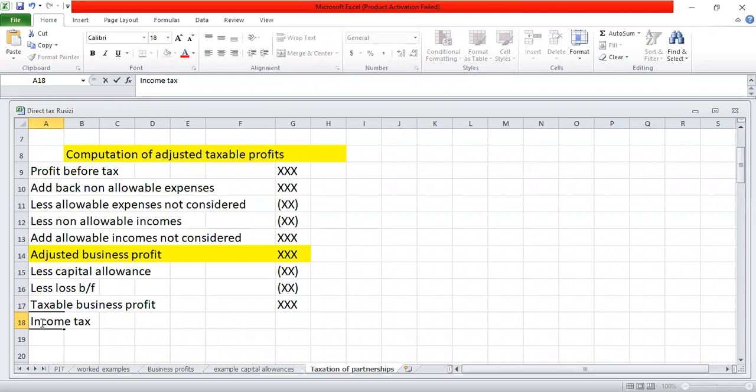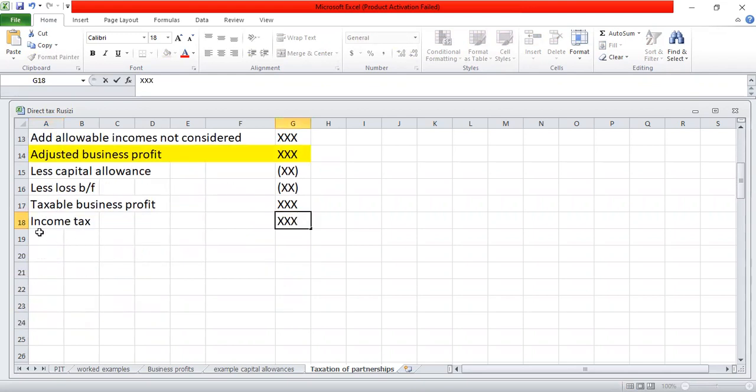Remember, you should use this pro forma for any business, whether it is a solo trader, a company, or a partnership. If you are dealing with a solo trade business, you're going to compute the PIT. If you're dealing with a partnership, you're going to compute the corporate income tax. If you are taxing a company, corporate income tax. Then you charge your income tax.